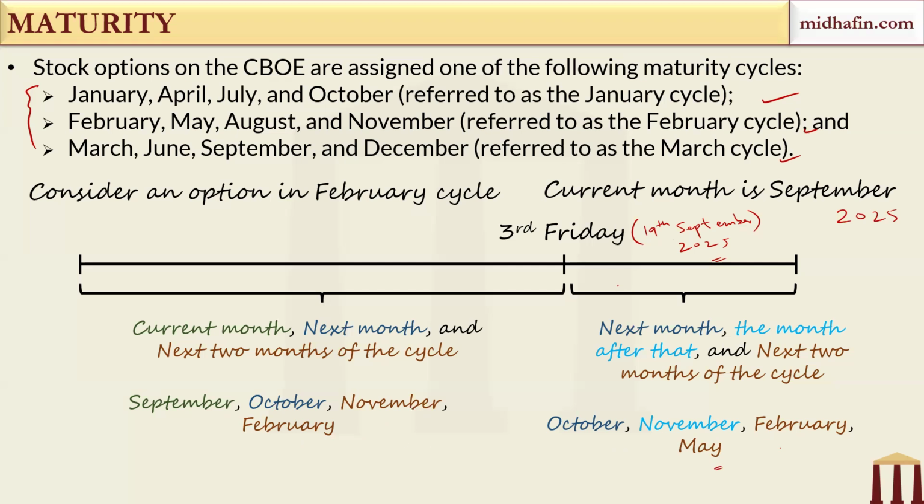Another thing is, how could we know whether the given date is before or after the third Friday? Like the calendar date and day, I think. See, third Friday is a convention, but whenever any kind of question is given, or even in the market, they will not actually say that the option is expiring on the third Friday.